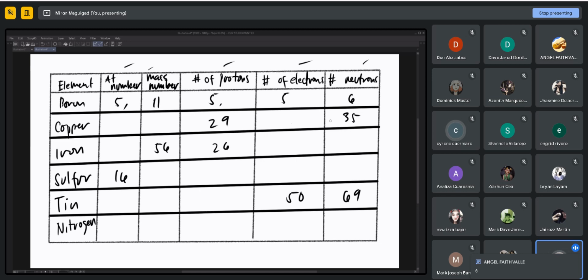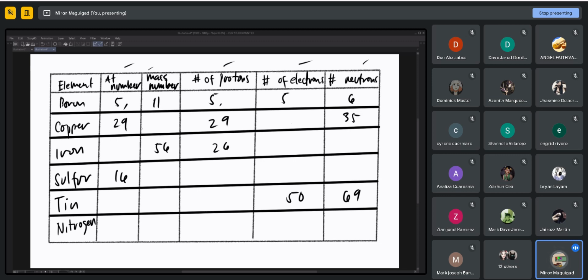Sir, according to copper, we only have given number here 29 and 35, which is proton and neutrons. According to the first example, pag may number, ano po? Okay. Questions will be entertained later. Okay. So, we have number of protons as a given. So, it means 29 atomic number for proton and 29 din kay electron.